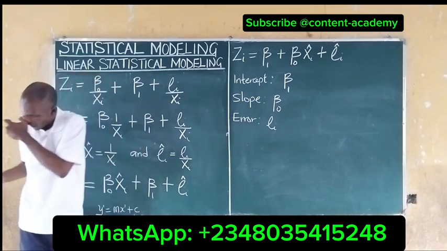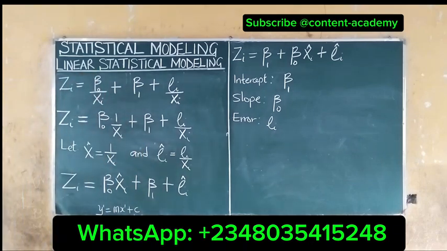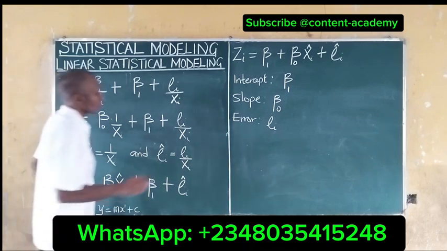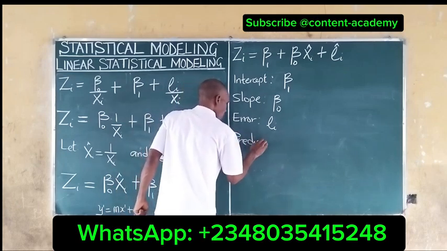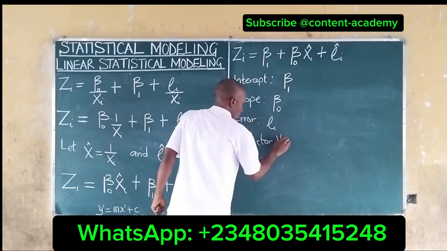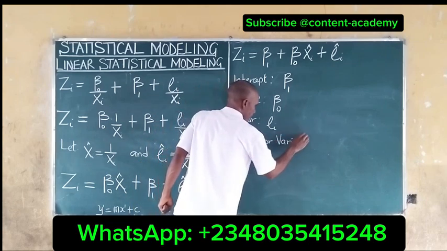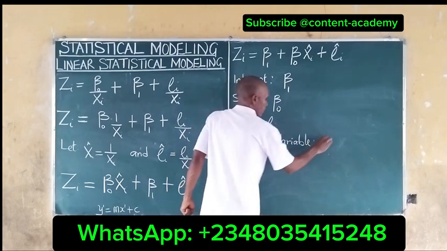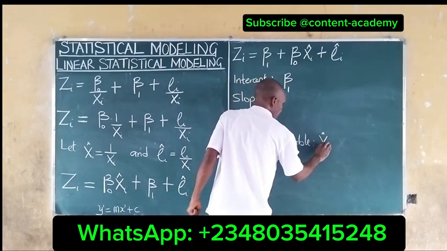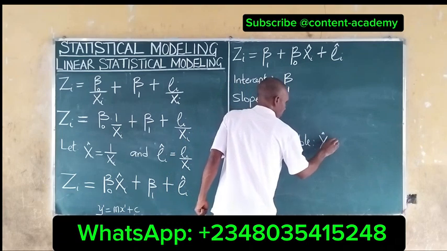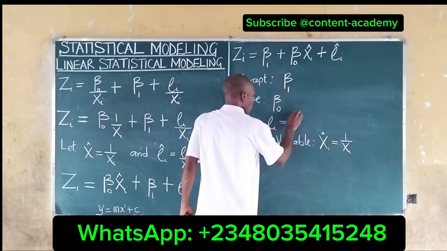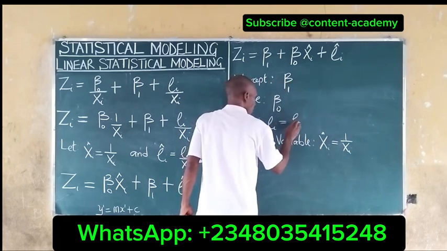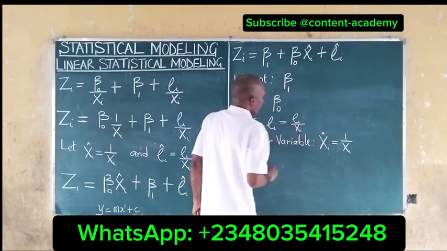Then our predictor variable is x bar estimate, which is equal to 1 all over x_i. This e bar is also equal to e_i all over x_i.